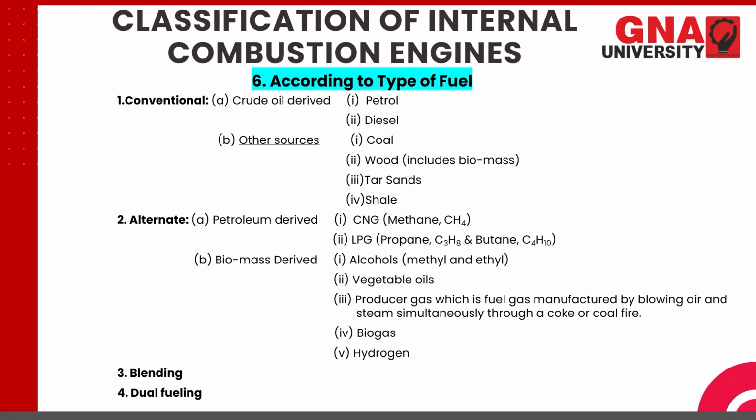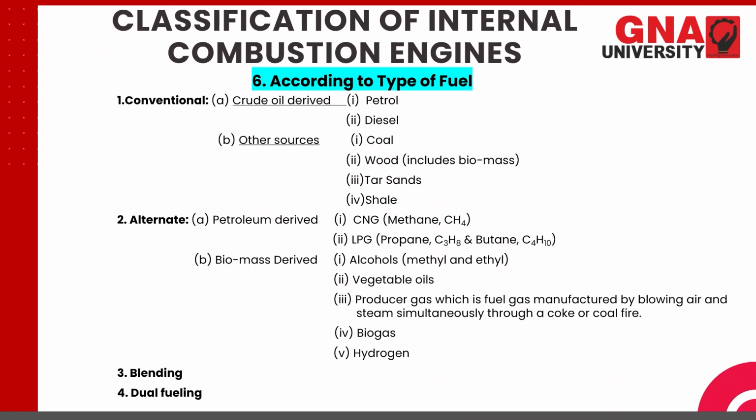Then we have biomass derived fuels. These are derived from all the biomass which is available. They can be vegetable biomass or living biomass. Under this category we have alcohols, methyl and ethyl alcohol, or ethanol as you might have heard.